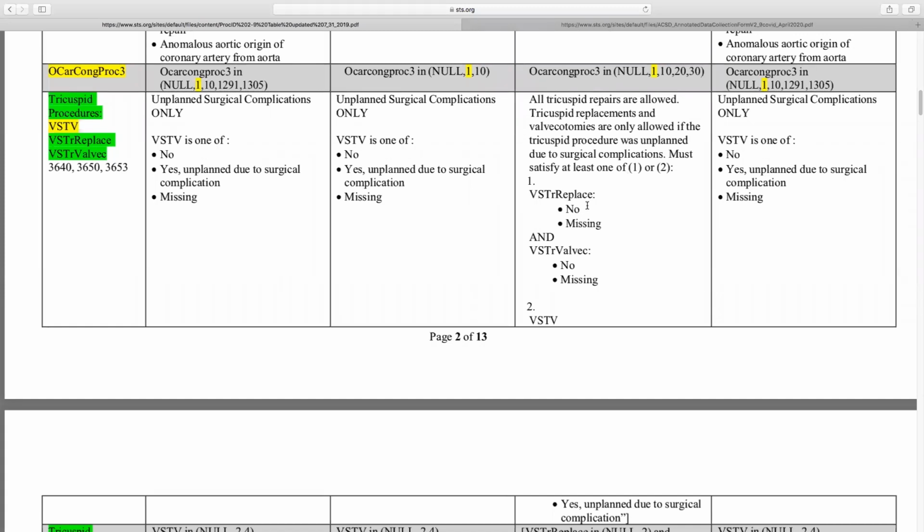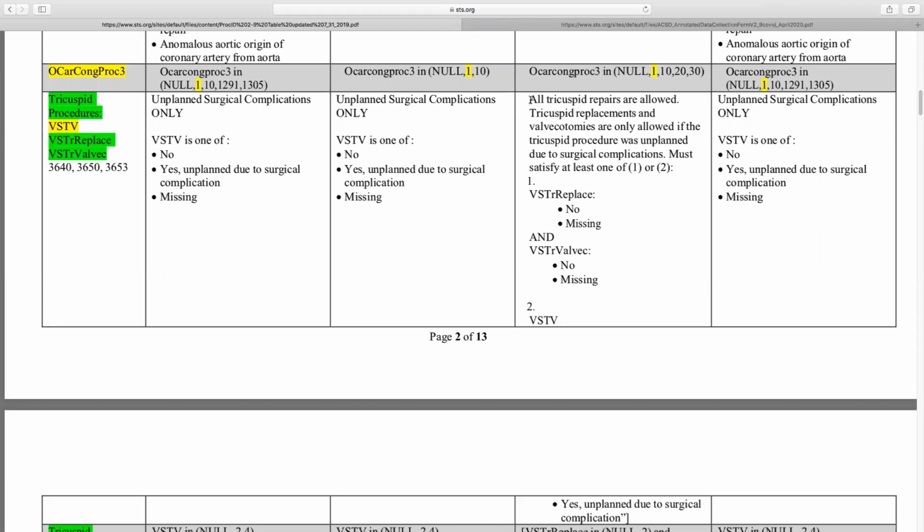It says, to keep this case as a mitral valve replacement, all tricuspid repairs are allowed. So it does not matter the reason for that repair, whether it was for a surgical complication or not, all of them are allowed. The tricuspid replacements and valvectomies are only allowed if the tricuspid procedure was unplanned due to surgical complication.